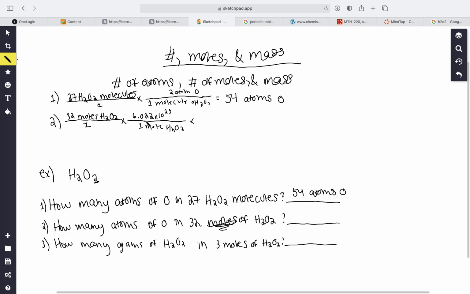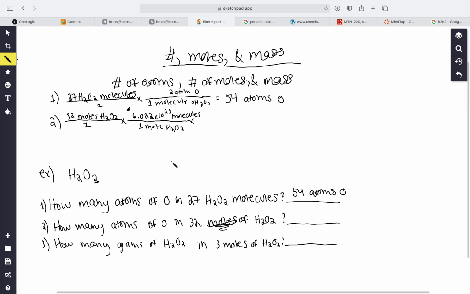If you're not good with memorizing numbers, this is ingrained in my head after taking AP chemistry. But if you think you're going to have trouble with this, it's definitely a good thing to add to your 3x5 index card. So this is 6.022 times 10 to the 23rd molecules. You can remember that because a mole of something is always going to be 6.022 times 10 to the 23rd of that thing, right? Say that I have 1 mole of cars. You have 6.022 times 10 to the 23rd cars.